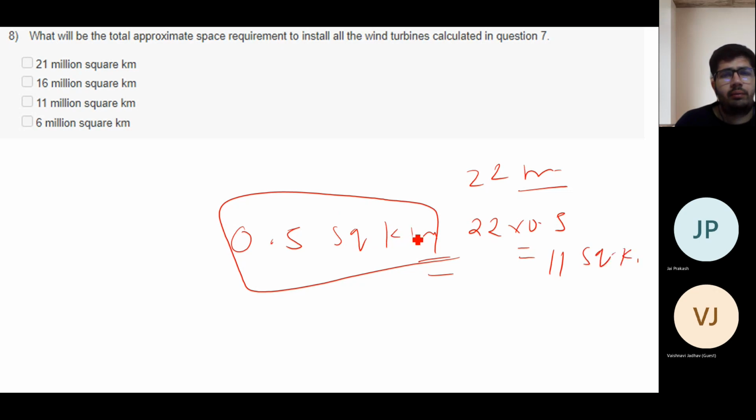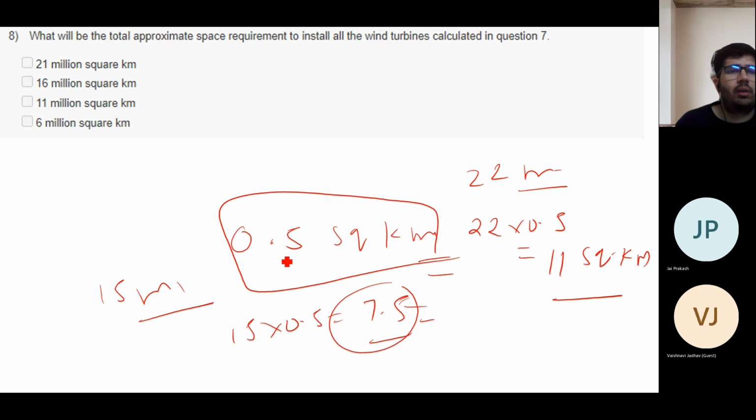Now if we have 15 million wind turbines, then 15 into 0.5 will be around 7.5, but 7.5 is not an option, only 11 is. So the correct answer will be option C, 11 million square kilometer.